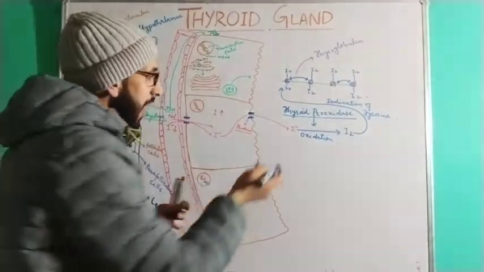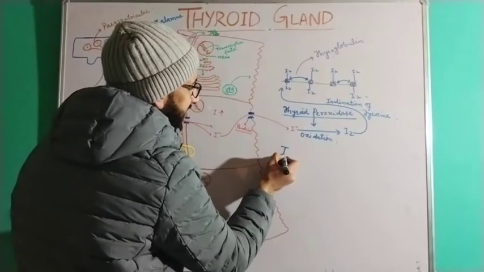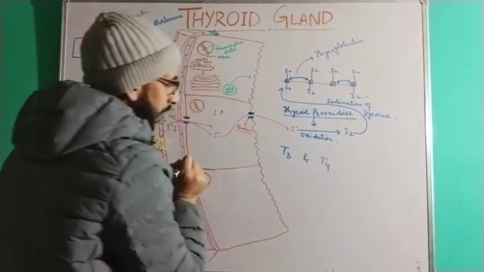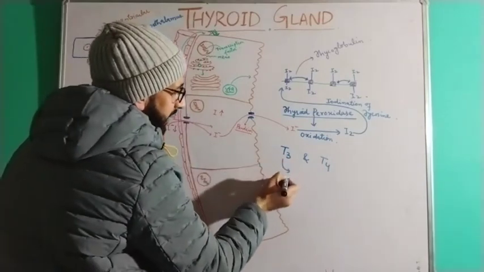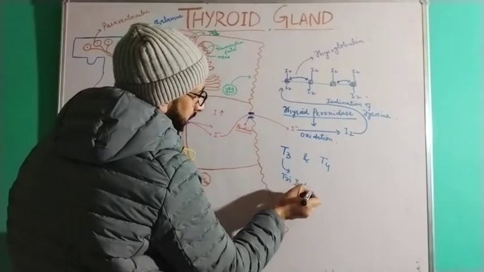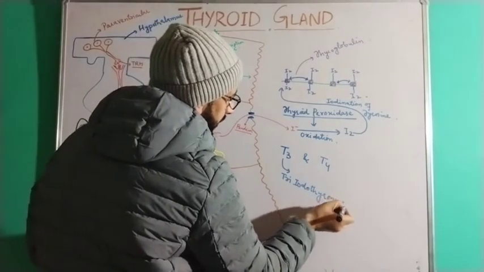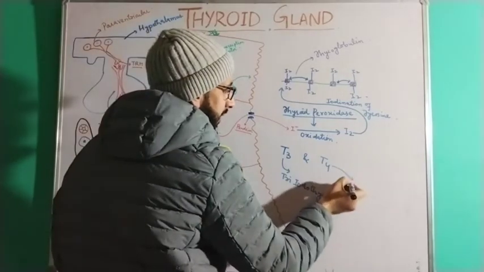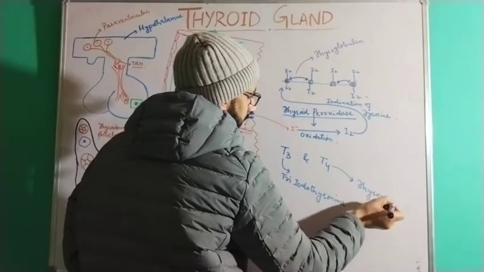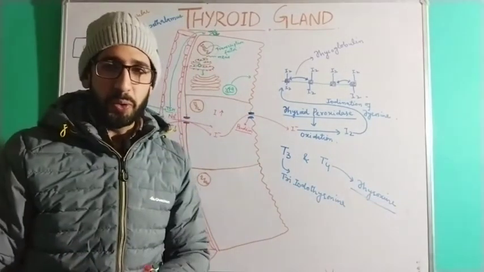Right? Now what will be formed will be T3 and T4. Now T3 is actually the triiodothyronine, and T4 is thyroxine, or this thyroxine is also called tetraiodothyronine.